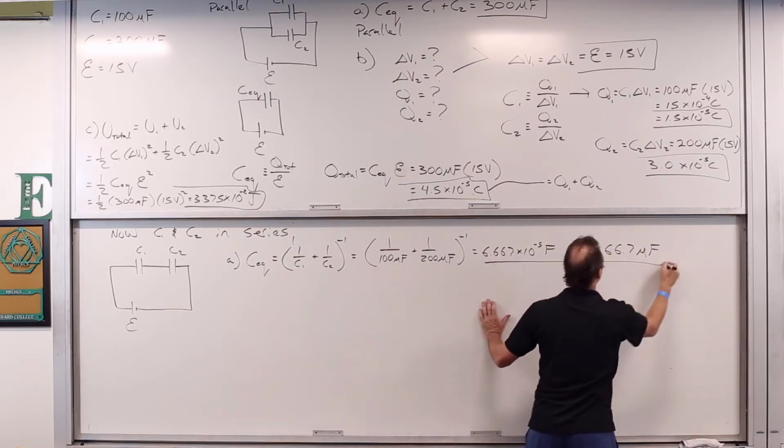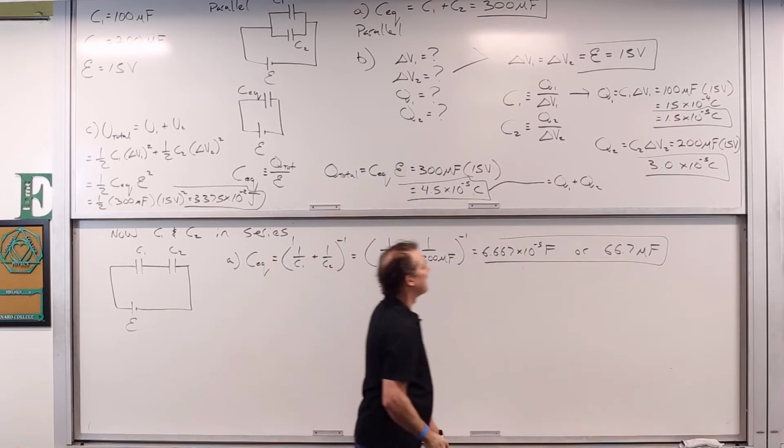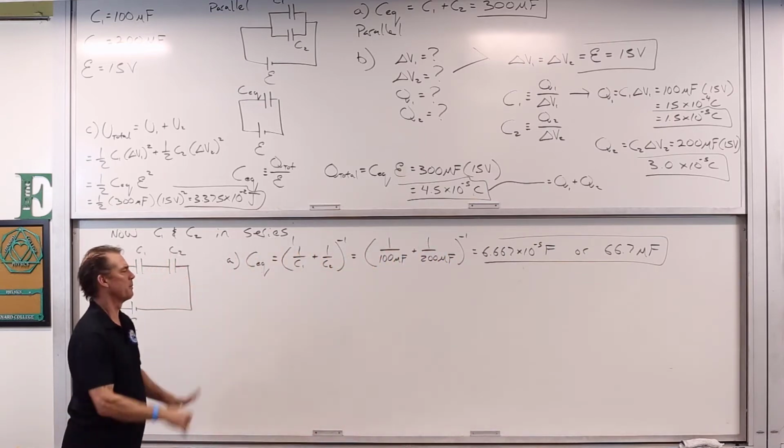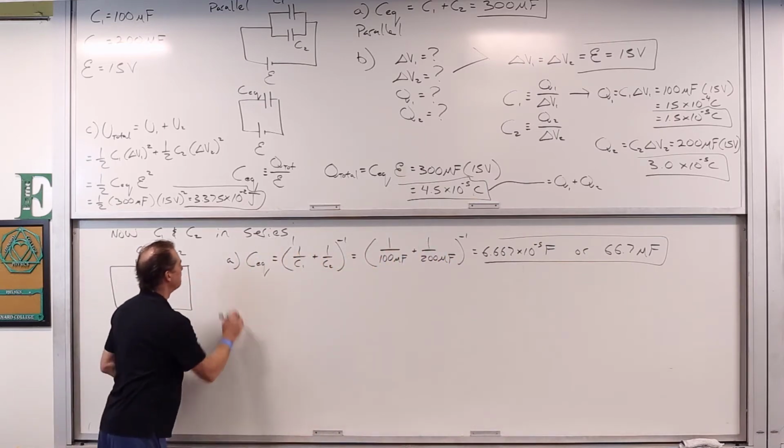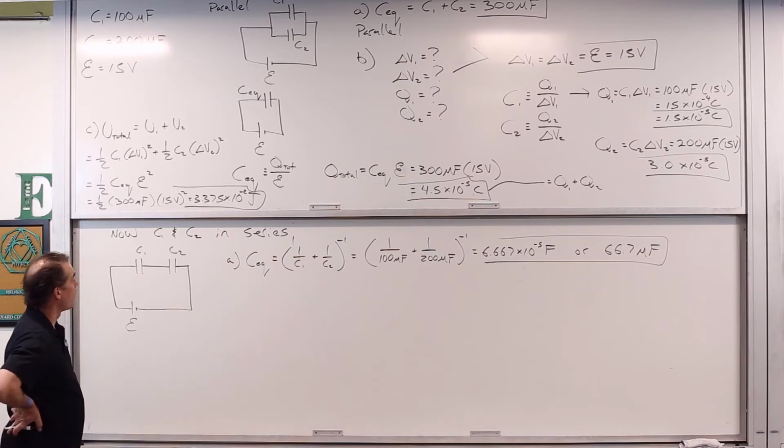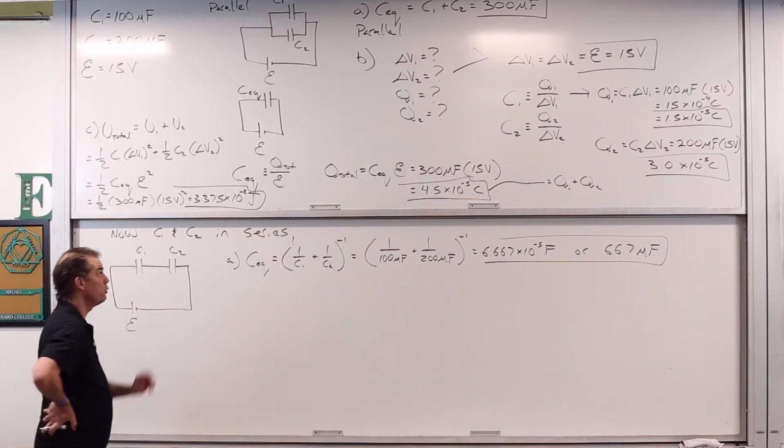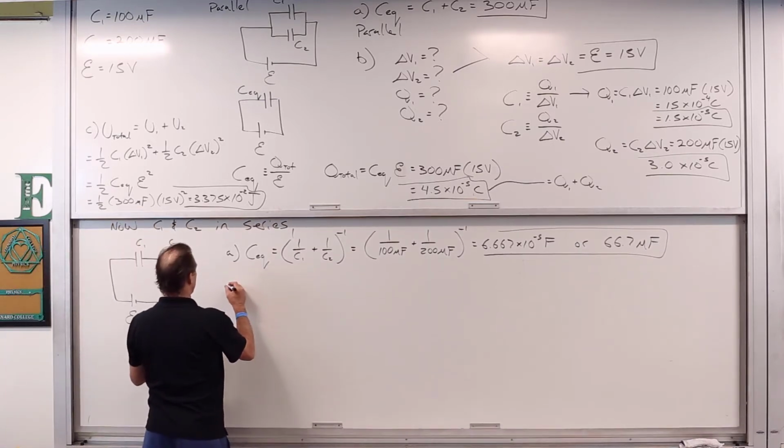Either one's fine. This is a nice condensed version, 66.7, that works. All right, so we've got ourselves the equivalent capacitance. Now I want to answer what's delta V1, delta V2, Q1, and Q2. So let's take a look at that.